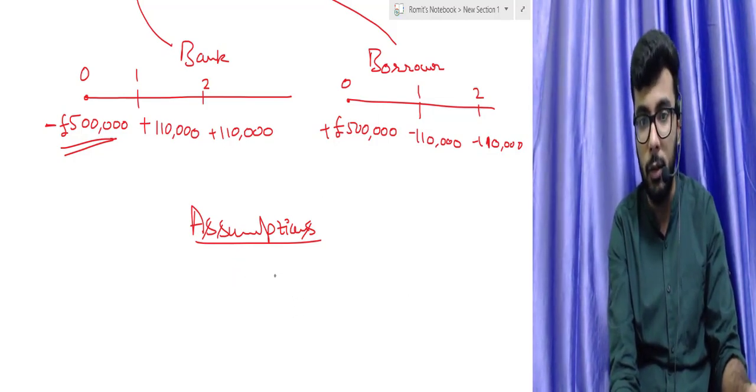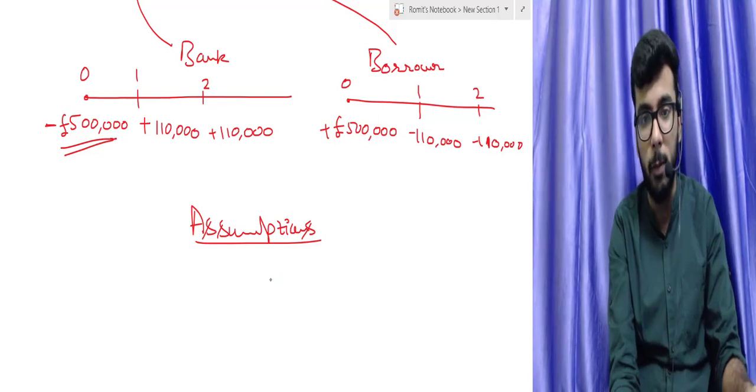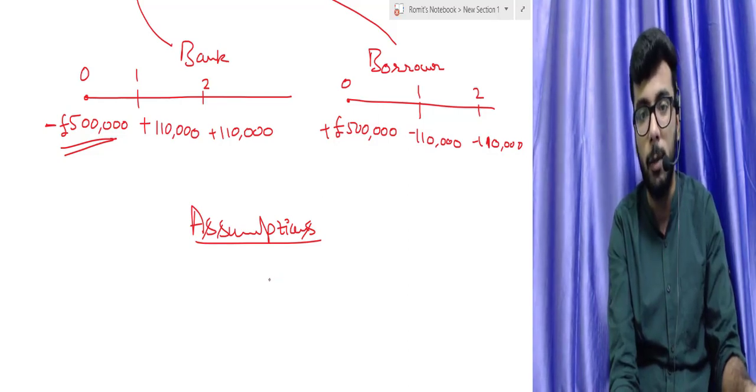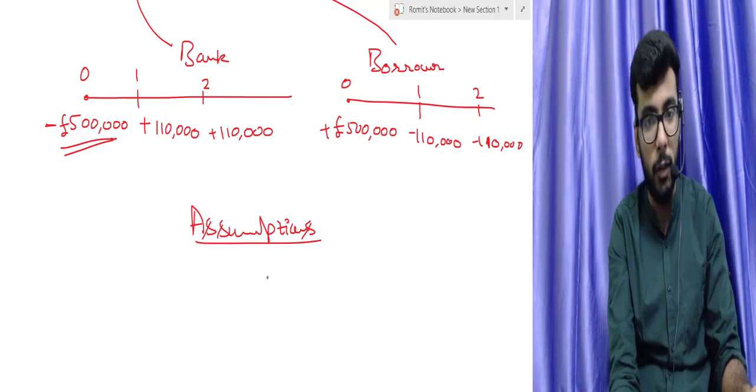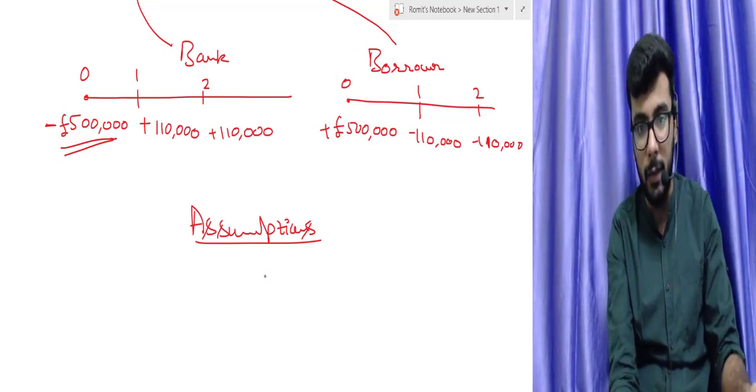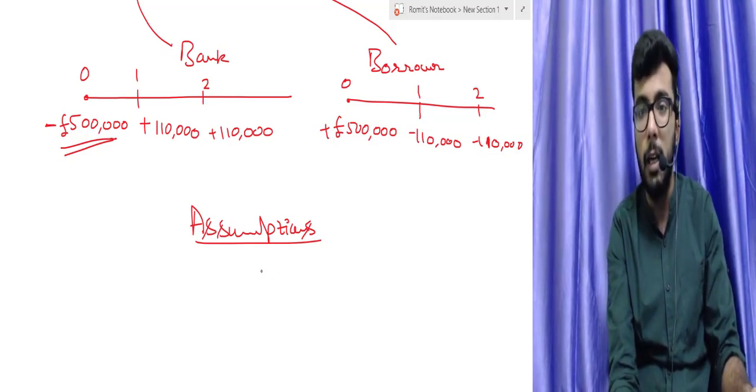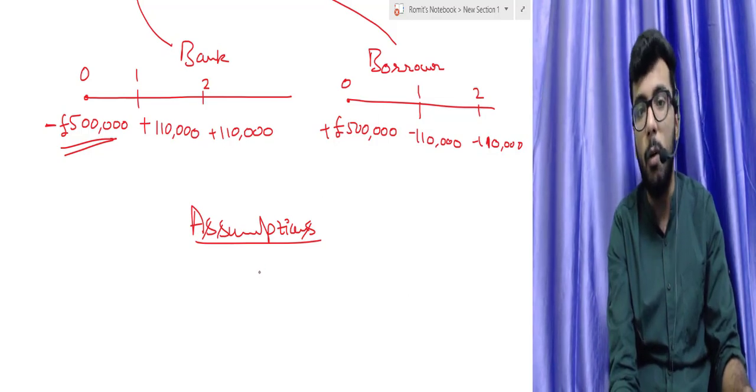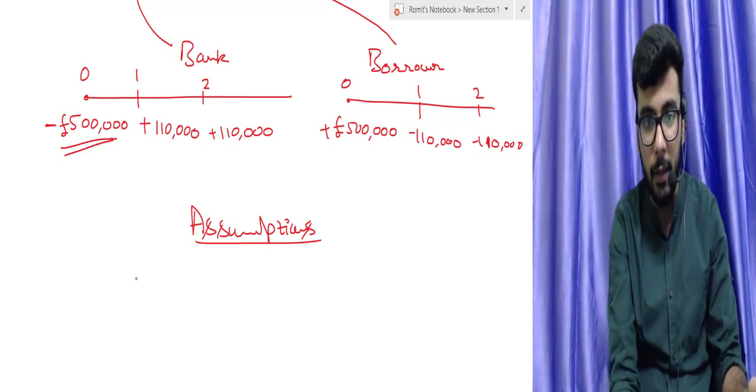I'll tell you when we start with the life insurance products, which are strictly related to subject CT5, where at least one of these assumptions will not apply, and the other one will. So what are these assumptions? Let's go over them one by one.